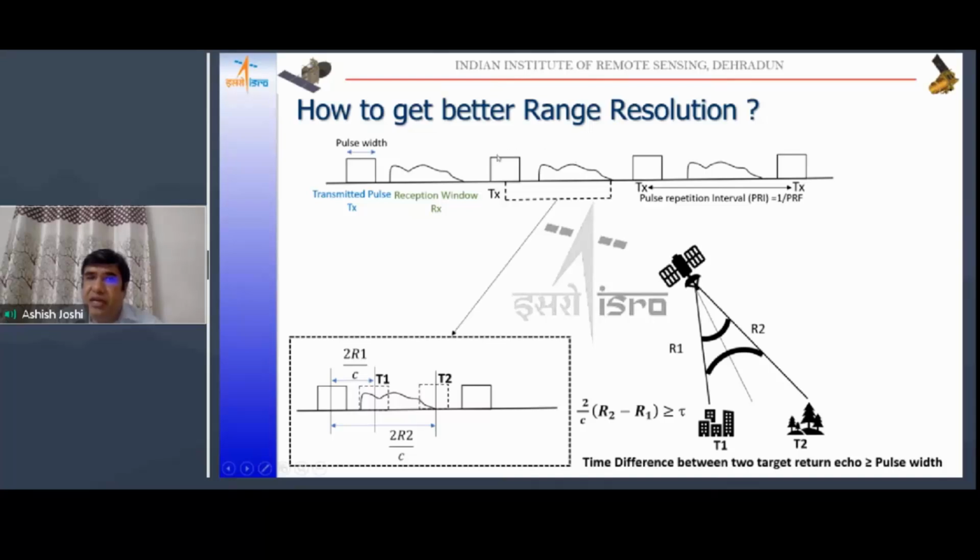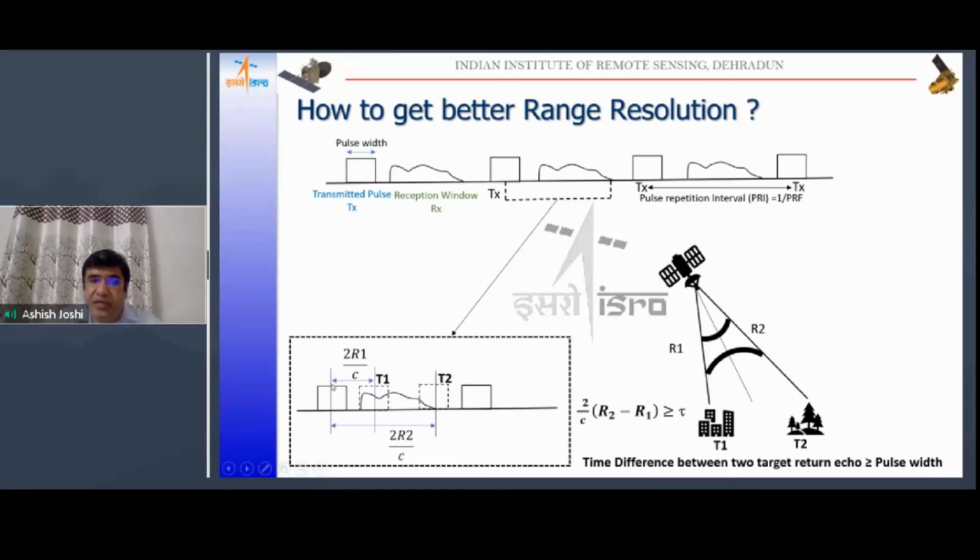So if this is the pulse and this is the receiving window, in this time interval we have this pulse and this pulse, and in between, two targets are there, T1 and T2. These will be received in this reception window.